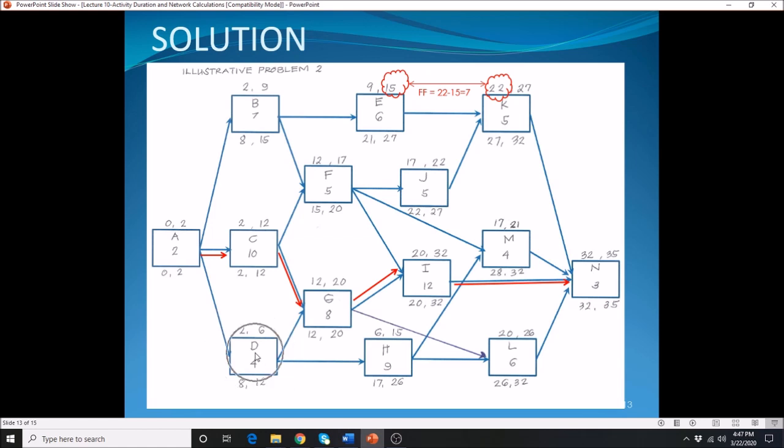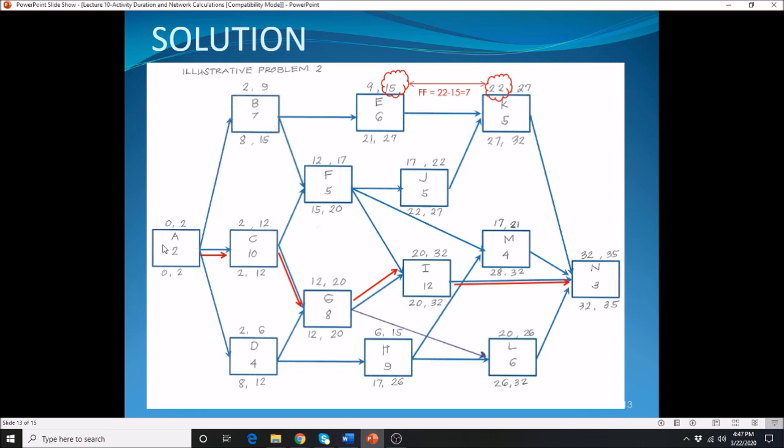For your D, D is coming from your G and your H. Whichever is the minimum of the two, that's the value that you're going to put here. 12 minus 4 gives you 8.